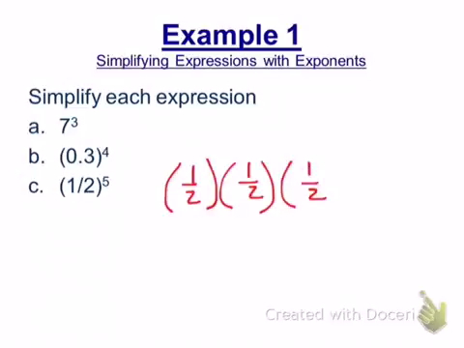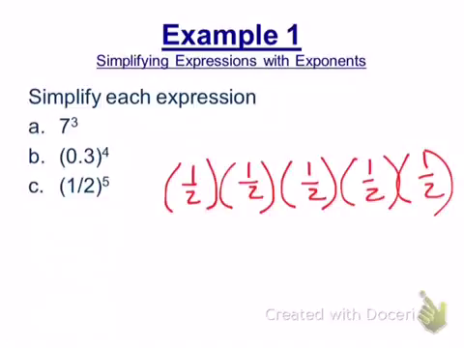It's 1 over 2 to the fifth, right? What's 2 to the fifth? 32. So it's 1 over 32, and we know that because 2 to the fifth is 32.